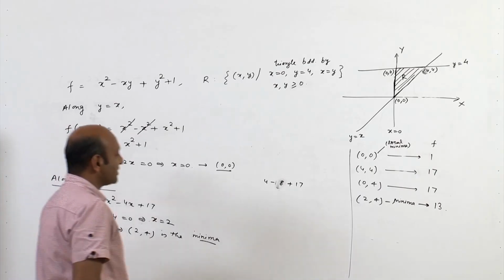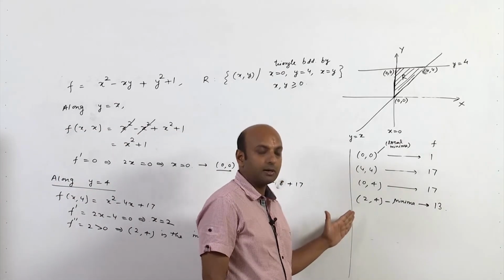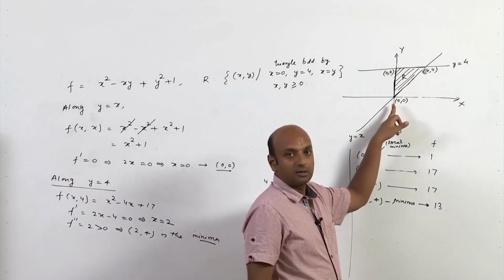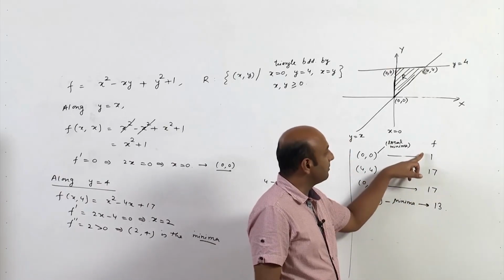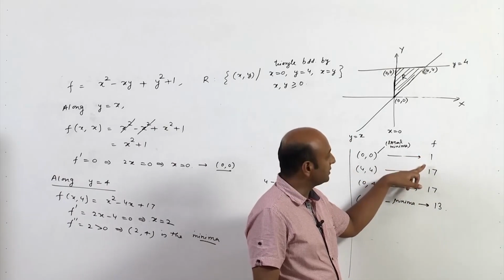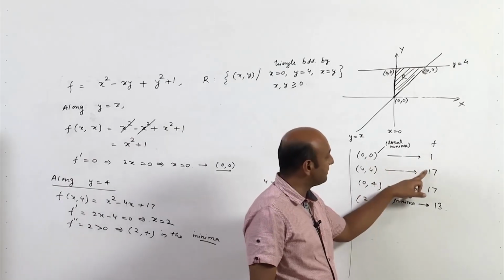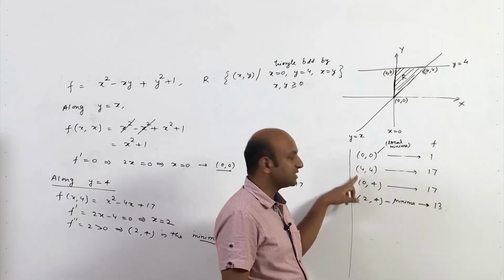So, now we have listed out all the possible points where the function may attain absolute minima or maxima on this region R. So, from all these points, the value where the function attains absolute minima is 1 at 0 comma 0, and the maximum value of the function will be 17 at these points.